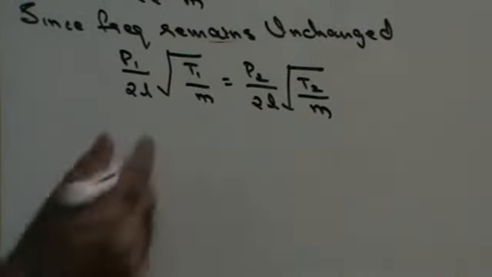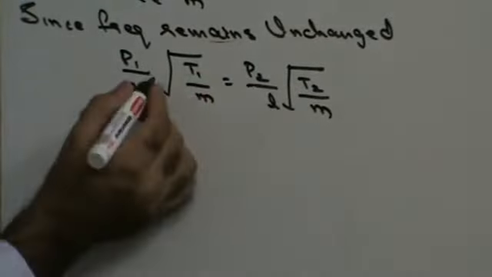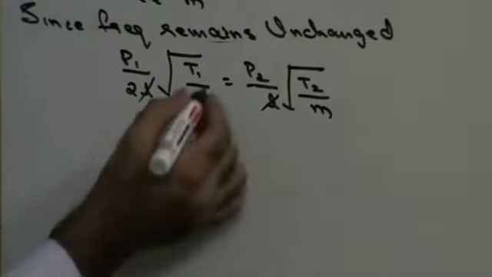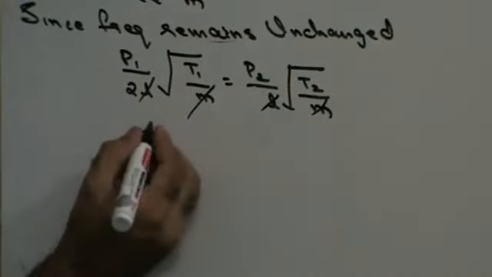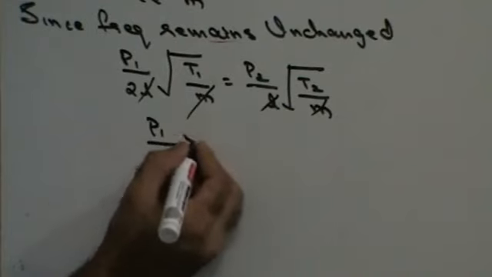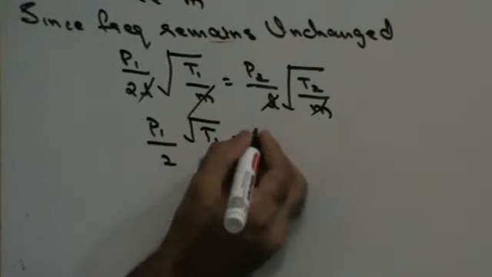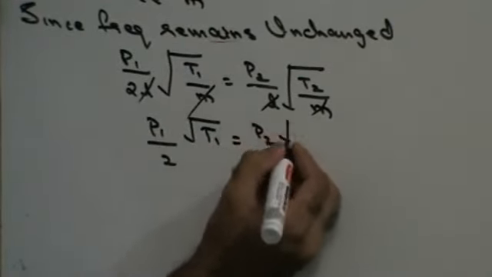Now in this case L and L get cancelled, m and m get cancelled, so you will get P1 upon 2 into square root of T1 is P2 into square root of T2, but you know the value of T1 and T2, right?